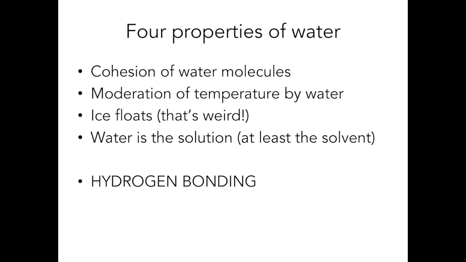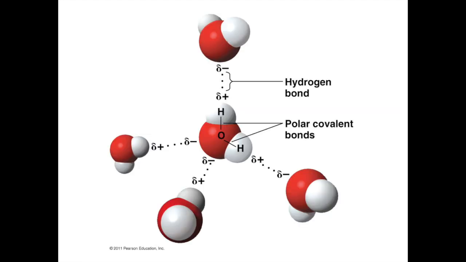And all of that can be traced to hydrogen bonding, that intermolecular bonding between water molecules and other molecules, including other water molecules. And it looks kind of like this, just if you had pure water and you were able to zoom in and look at the molecules whizzing around, this is what you would see, is that those partial positive charges would be attracted to partial negative charges, and vice versa.